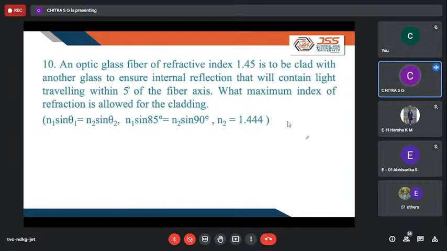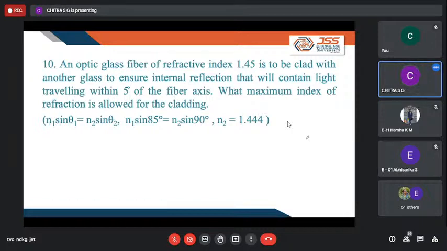An optic glass fiber of refractive index 1.45 is to be clad with another glass to ensure internal reflection that will contain light traveling within 5 degree of the fiber axis.